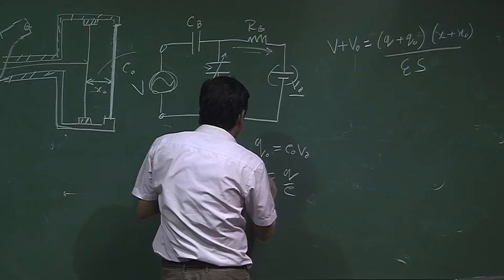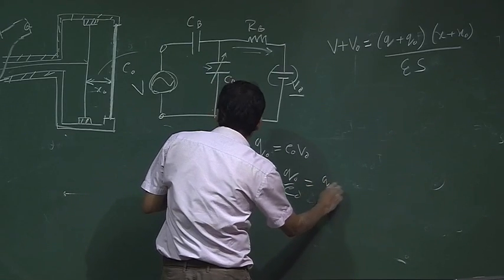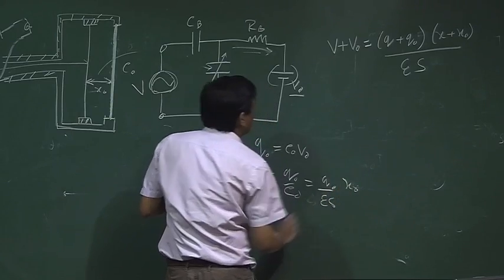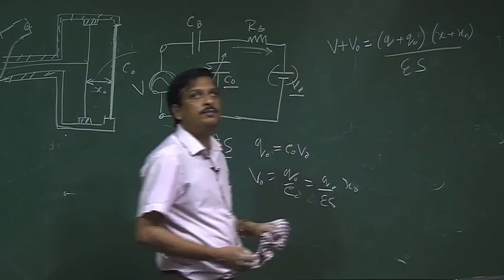So, V0 is nothing but Q0 by C0, which is Q0 times X0 divided by epsilon S. That is why I put X in the upper side and epsilon S in the lower side.